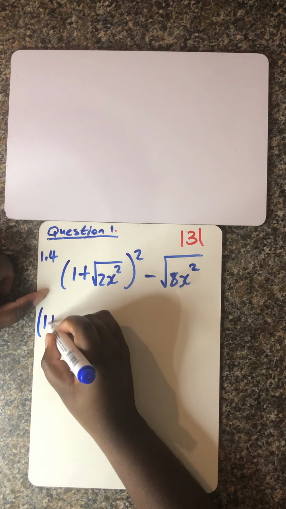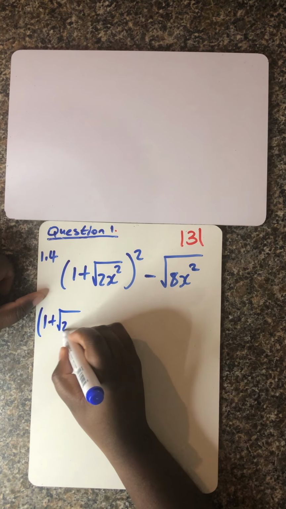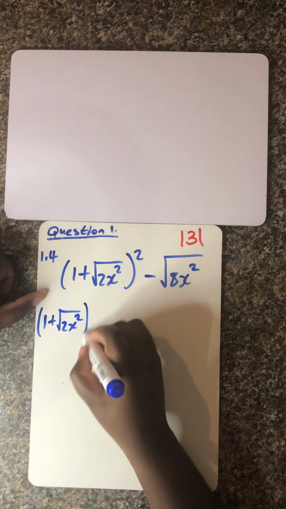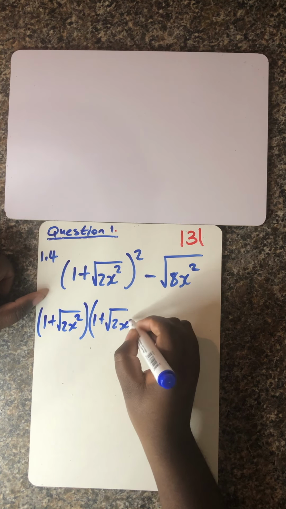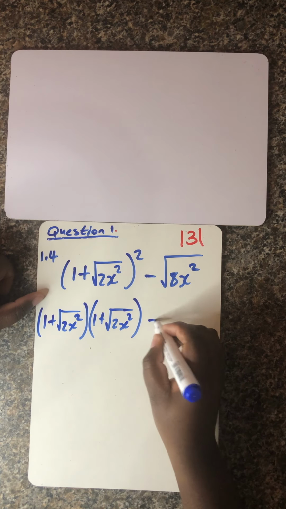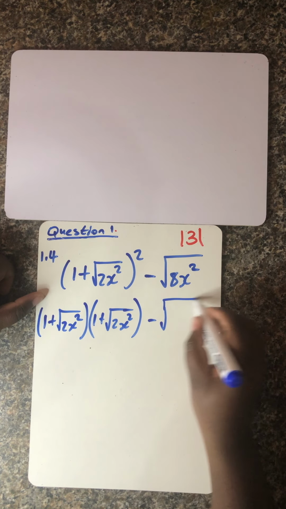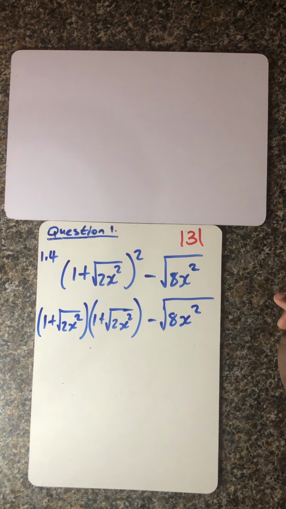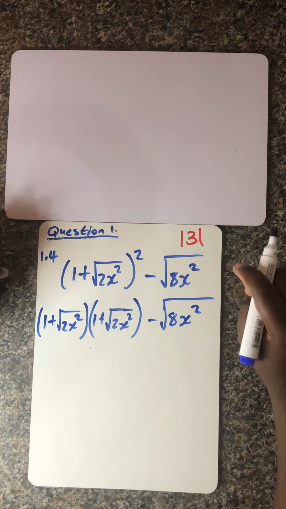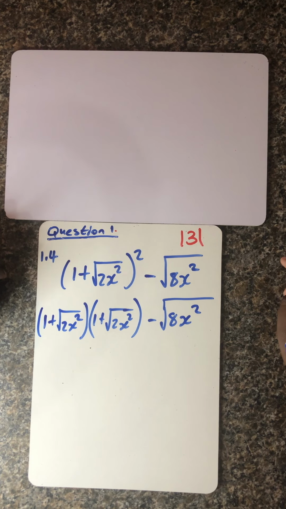So that means it's 1 plus a square root of 2x squared, and the same thing again, 2x squared. You close, minus that square root of 8x squared. Very much important, ladies and gentlemen, that you fully understand what I'm doing over there.